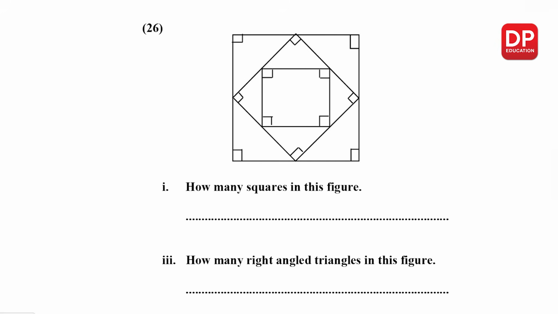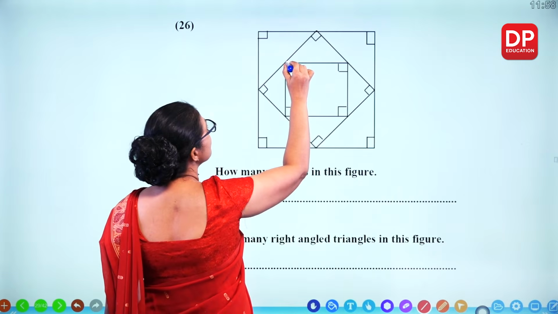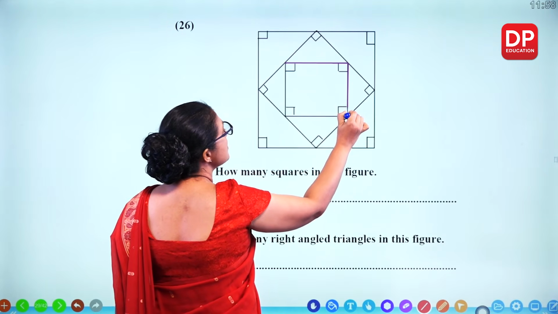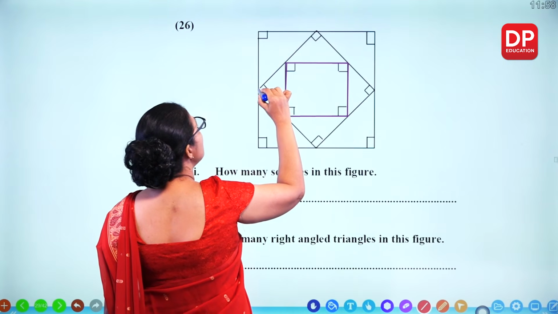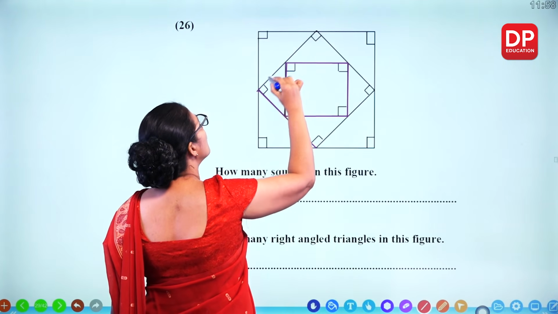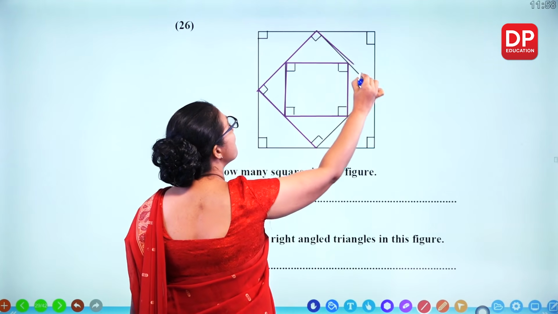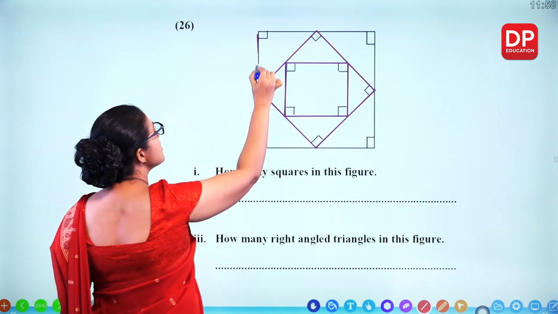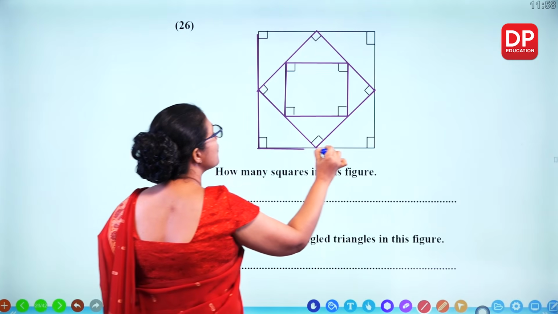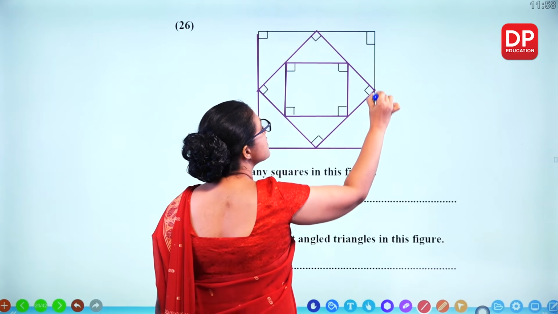Look at this diagram. How many squares in this figure? Take a look at this one. We can see this is 1, and this is 2, and this is the third one. So 3 squares are there in this diagram.